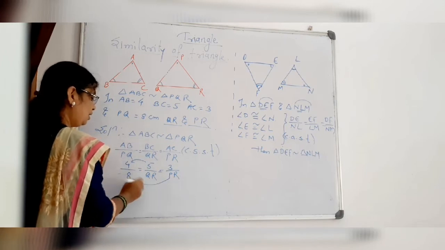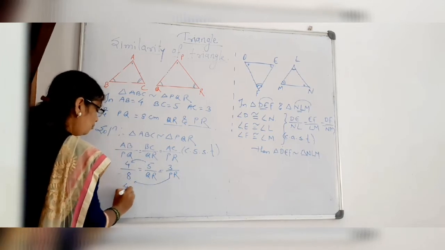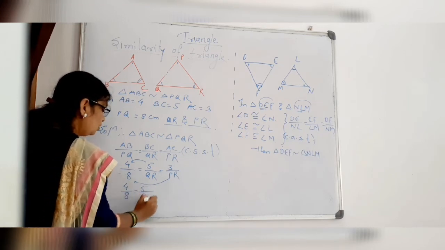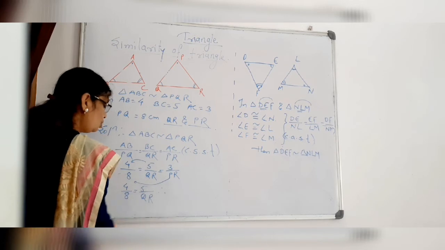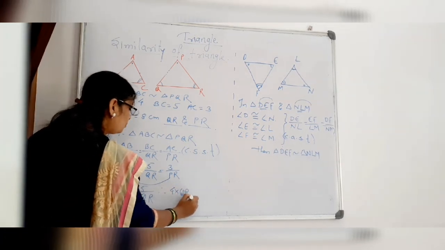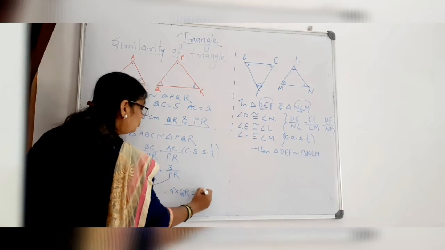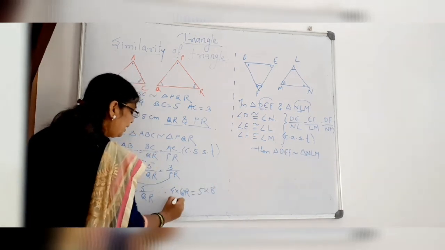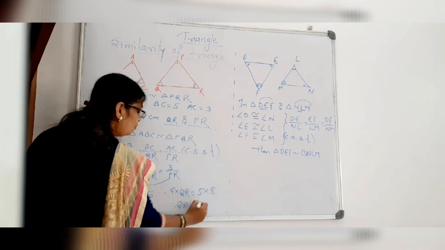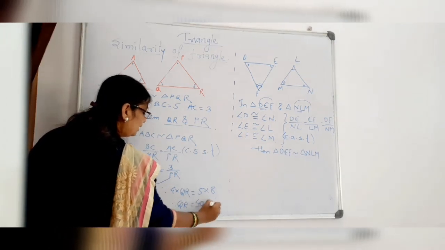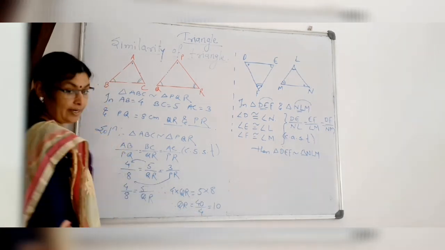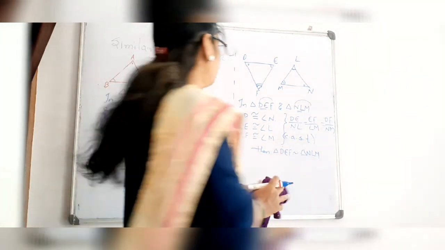Take 4 upon 8 is equal to 5 upon QR. So what you get? 4 into QR is equal to 5 into 8, and therefore QR is equal to 40 upon 4, that is 10. So QR is 10. Then find out the PR.